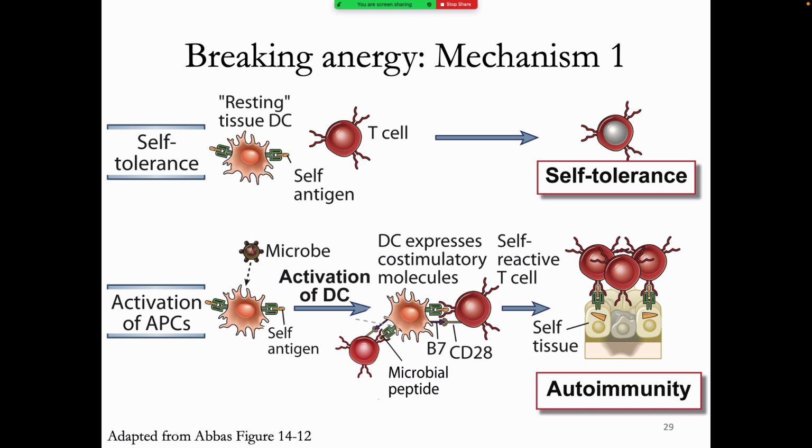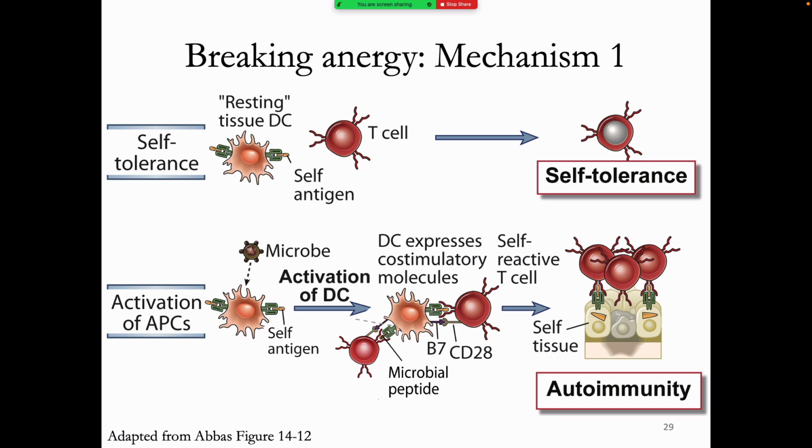And so at the top, you can see a situation where we could get anergy happening. What you can see in this situation is a time where our dendritic cells are presenting self-antigen. And what I want you to remember is that we are always presenting self-antigen. 24/7 we are presenting self-antigen.